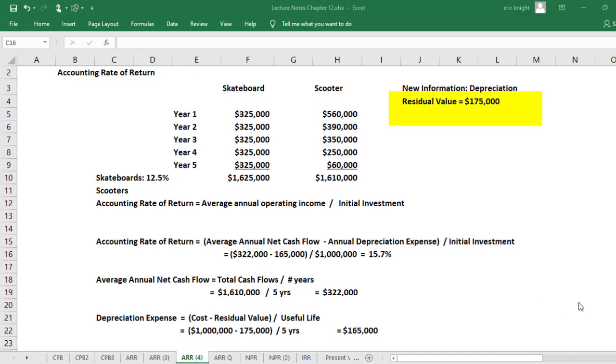When the managers for the scooter proposal change the residual value to $175,000, we see that changes the depreciation expense. It reduces the depreciation expense, and that's going to have a positive influence on the accounting rate of return. Now the accounting rate of return for the scooters is 15.7%.